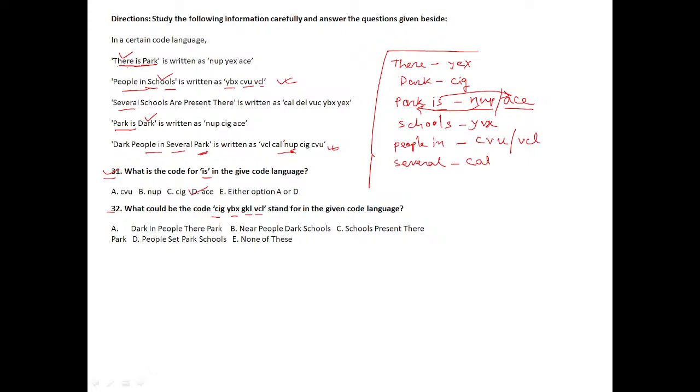So option A can be, option B, C is not, D is not, and none of this, no. Most of the time it can be seen that in this kind of coding question, none of this should not be answered. Basically, what would be the answer? It's already given in the options. If the none of this option is given there, better to check the rest of the options. You can just leave the none of this option as it is. Okay, you will get the correct answer. Most of the time it happens like this. So here it's dark CIG, and this is quite a risky task.